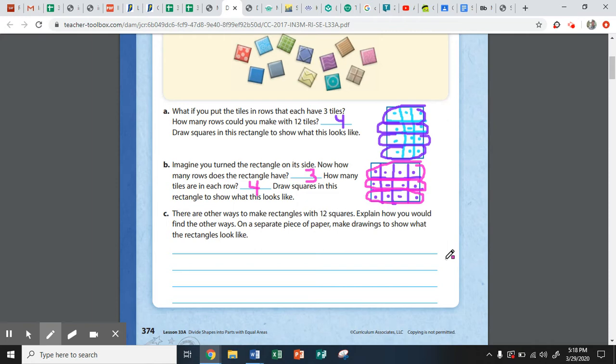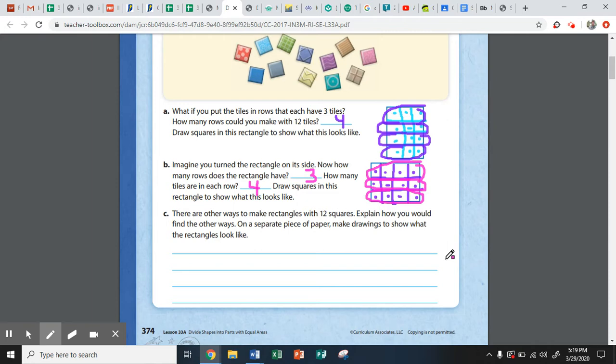Well, the first way we could do it is 2 times 6. If I had a rectangle with 2 rows and 6 in each row, I would be able to fit 12 boxes in that rectangle. And if I flip those factors, I could say 6 times 2, which would be 6 rows and 2 squares in each row.